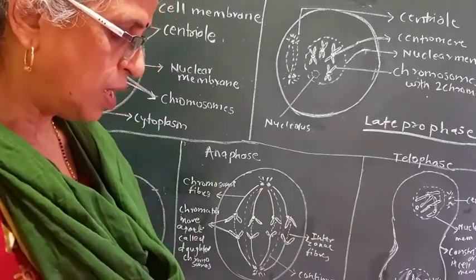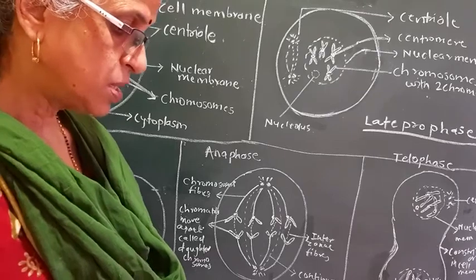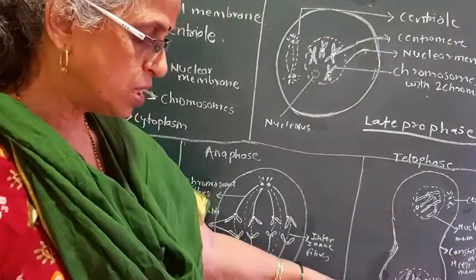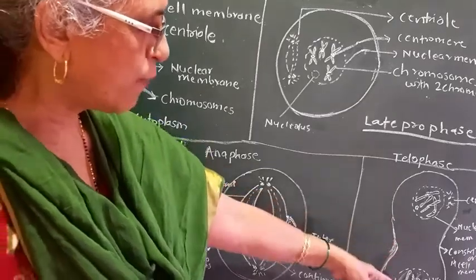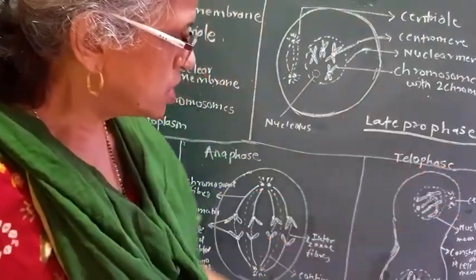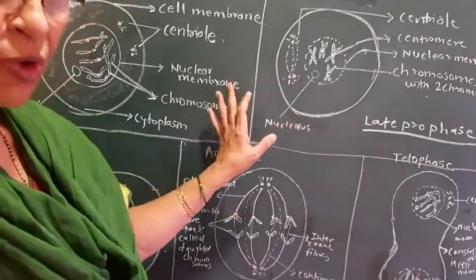In this way the nucleolus also appears in each daughter nucleus. Spindle fibers disappear, and thus two daughter nuclei are formed, one on this side, one on this side. Followed? So telophase is somewhat reciprocal to prophase.